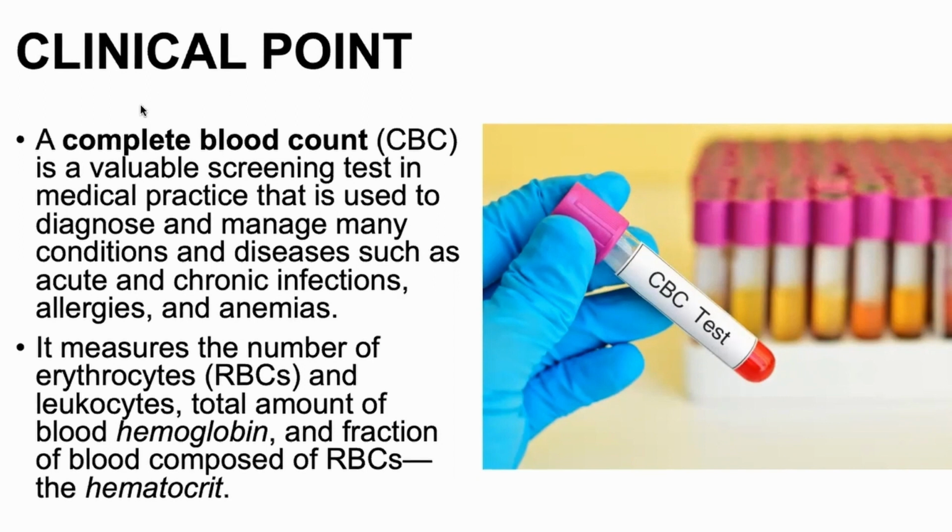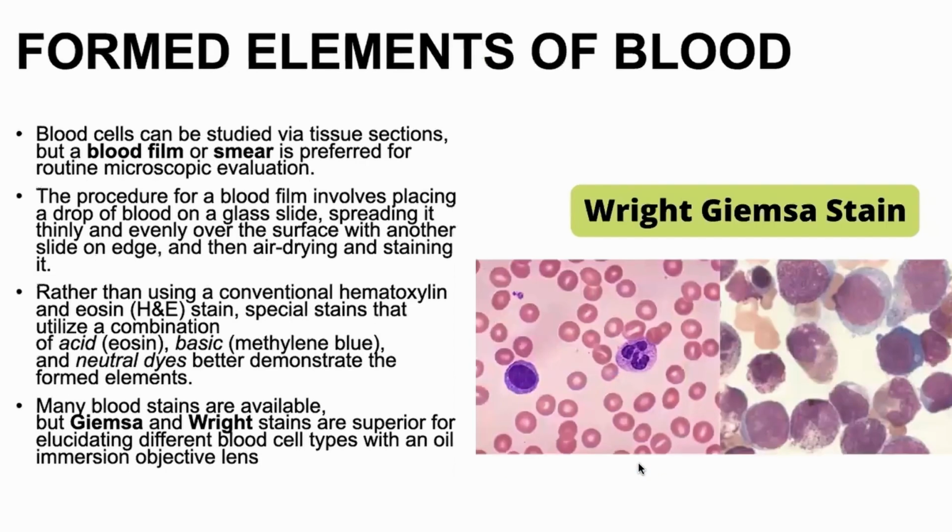You can see the complete blood count. So you get an estimate of the total number of red blood cells in a sample, and also the hematocrit. That's how you can tell if a person's blood count is low, if they're anemic, or their hematocrit is low or high.